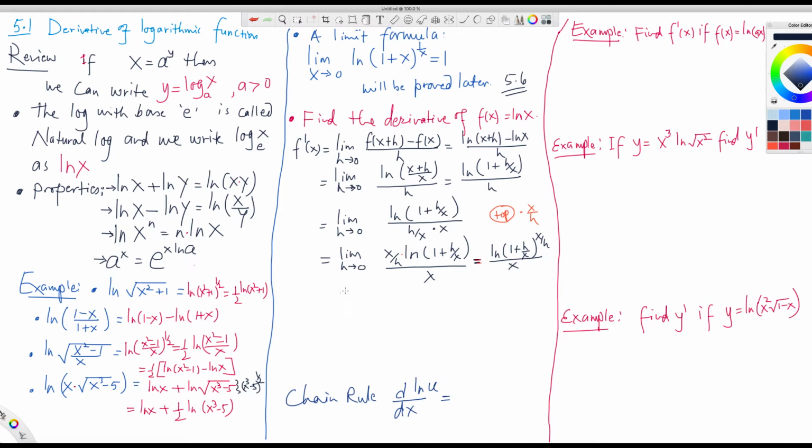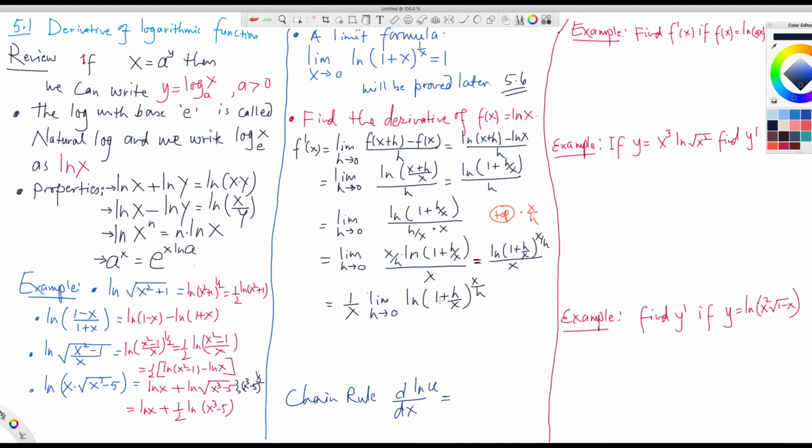Then this can be written as, let me pull that x out, because that x doesn't have h. Then I write the limit as h tends to 0, natural log of (1 plus h over x) to the x over h.